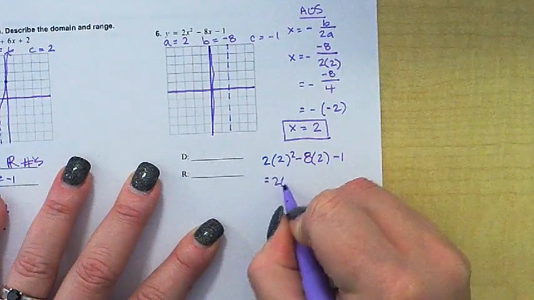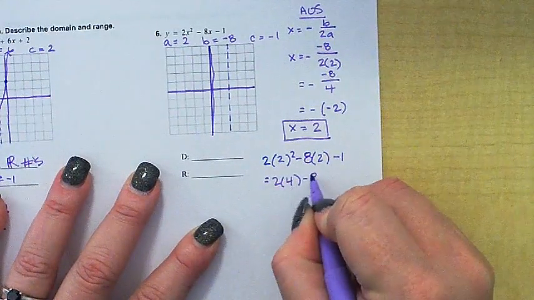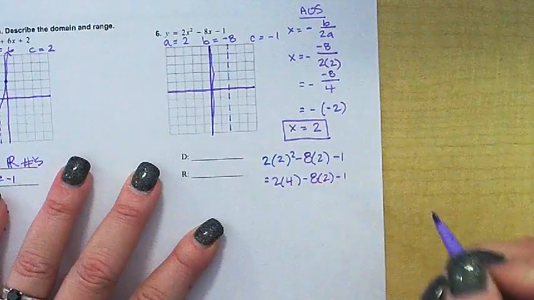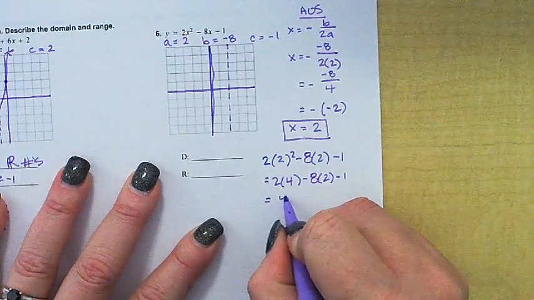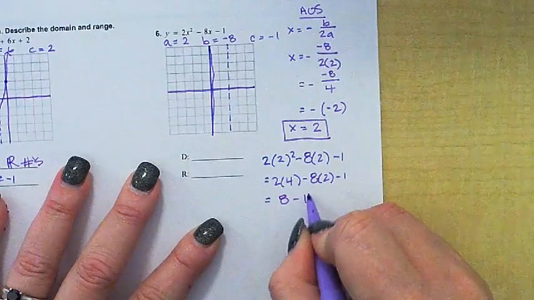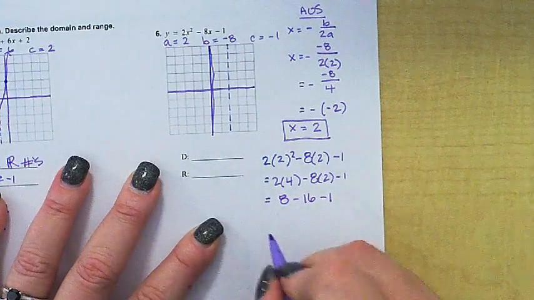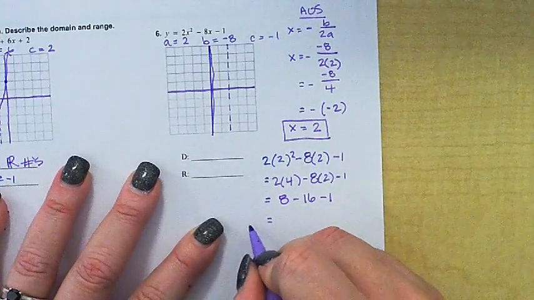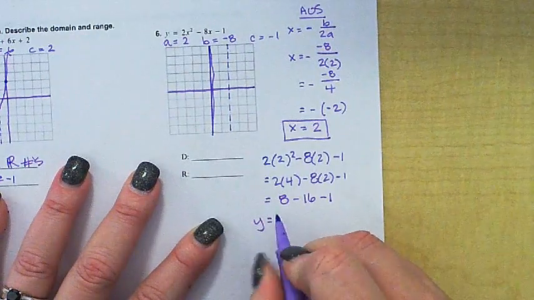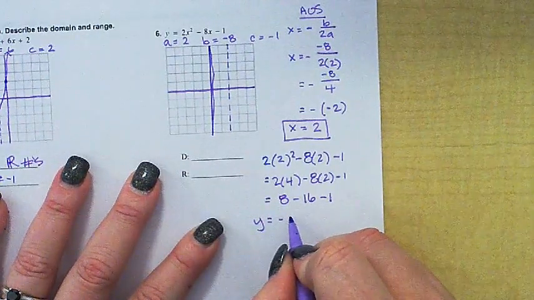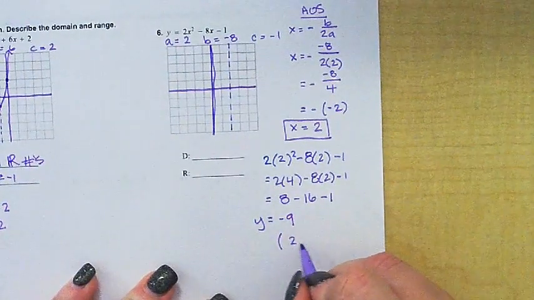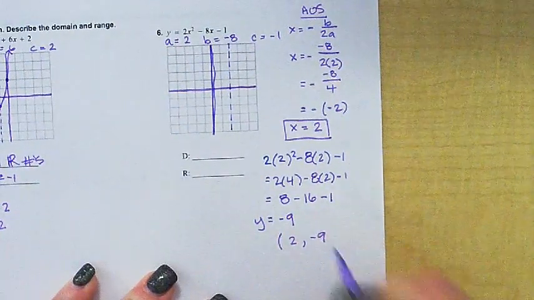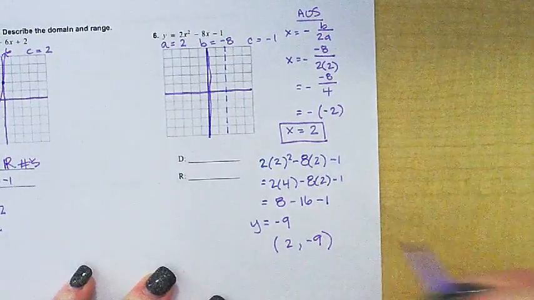That's going to give us 2 times 4 minus 8 times 2 minus 1. That is an 8 minus a 16 minus 1, which will give us y equals -9. That tells us that our vertex is (2, -9).